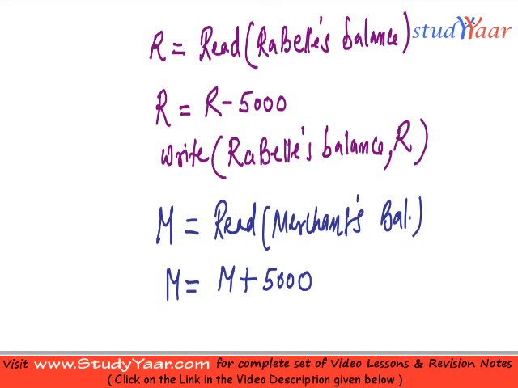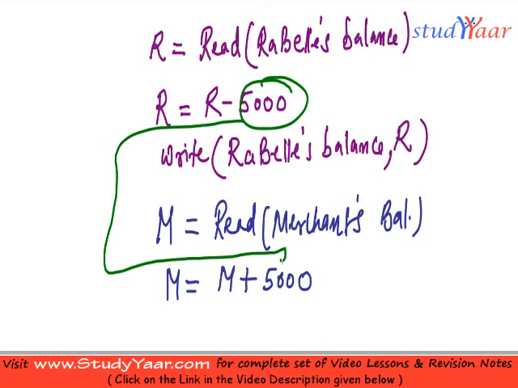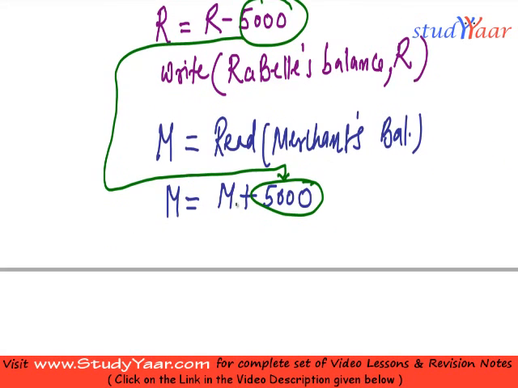What is basically happening is this 5,000 is coming to this 5,000. Okay, and I would now write the new balance back. So I would say write merchant's balance. I'll write it as bal M.